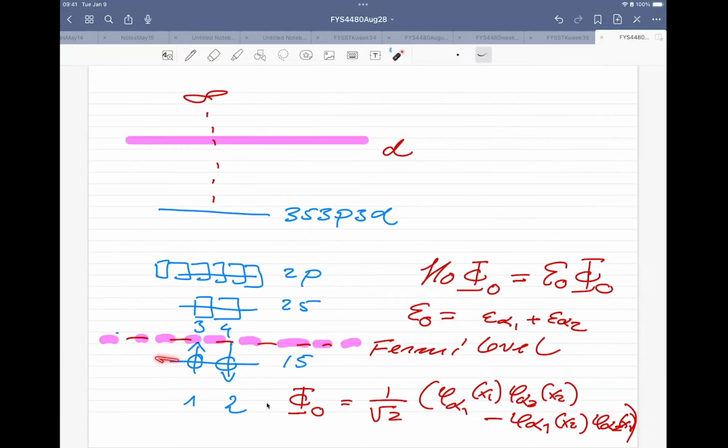In this case, we have a degeneracy, so 1 and 2 have the same energy because there is no spin part in the Hamiltonian which can lift the degeneracy. But in principle, you could think of having 1 here, 2 here, etc. Okay, any questions? I hope it's not too boring because I'm repeating some of the things I did last week.